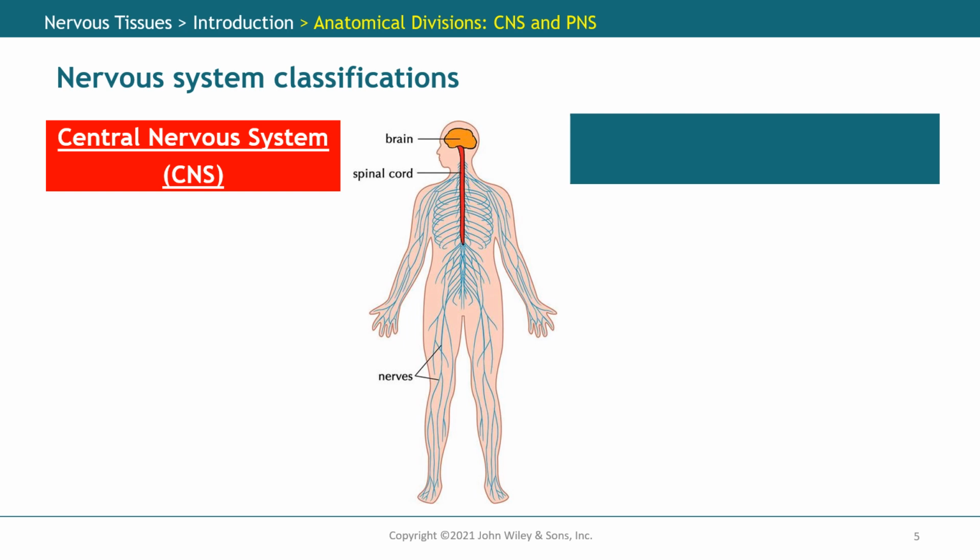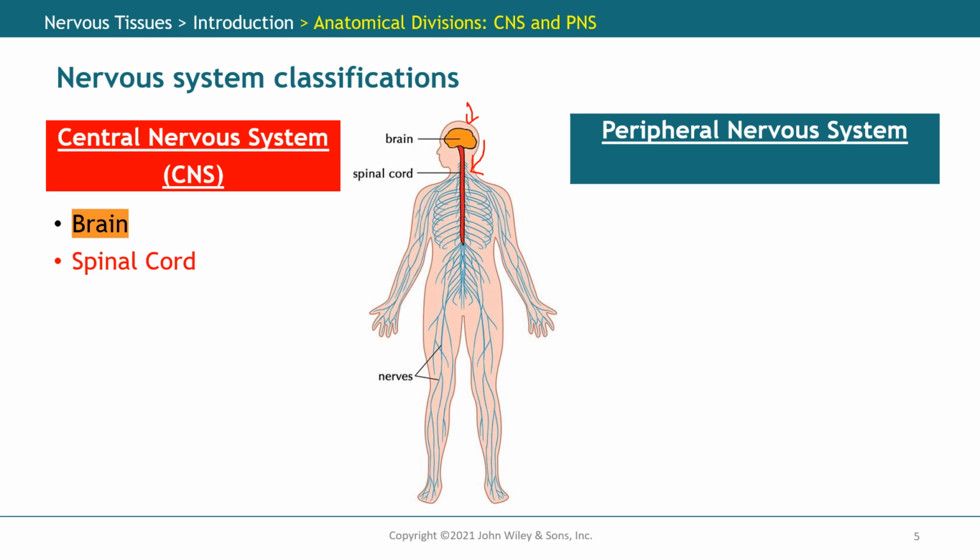The first was the brain, the second was the spinal cord. Easy, brain here, spinal cord here. And in blue, you can see the peripheral nervous system. The P is for peripheral nervous system, and the C here is for central nervous system.